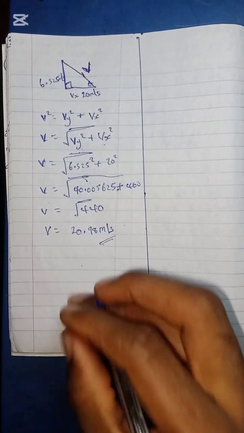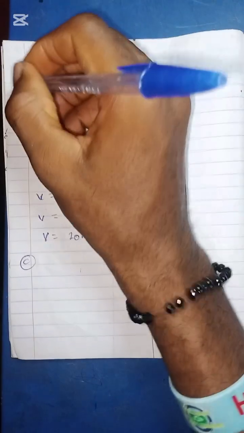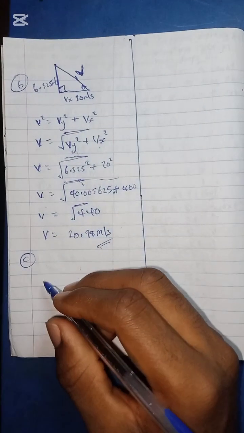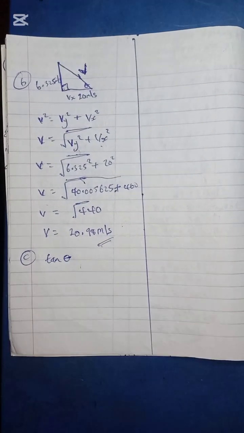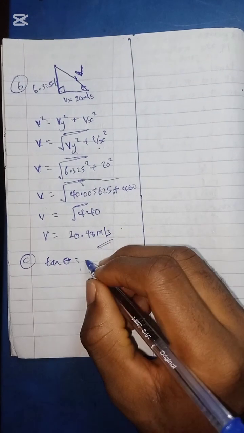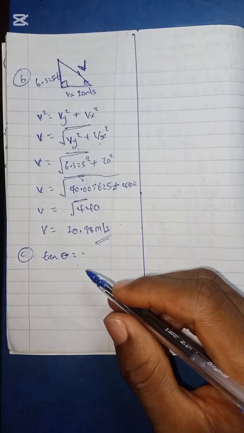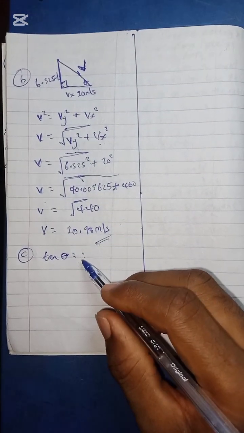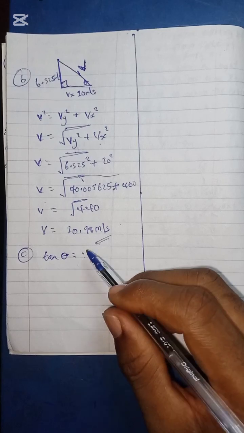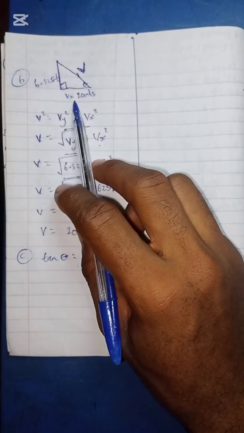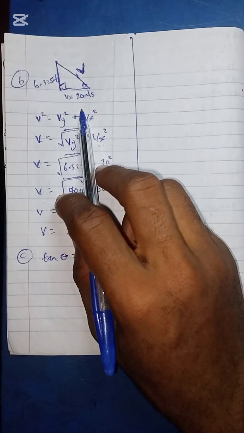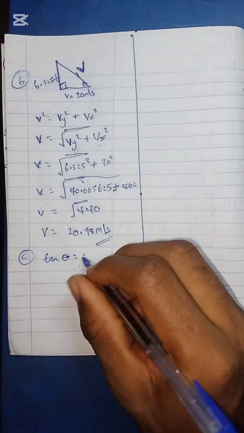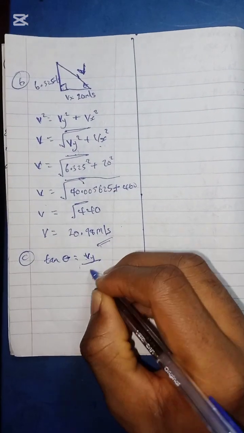Solving the C part now, they asked us to find the angle theta. We can say tan theta is equal to, from SOHCAHTOA, tan is opposite over adjacent. So our opposite here is 6.325 over 20, which is the same thing as vy over vx.